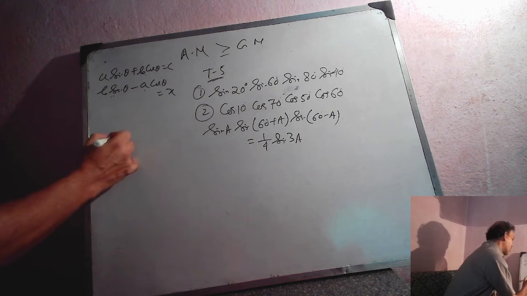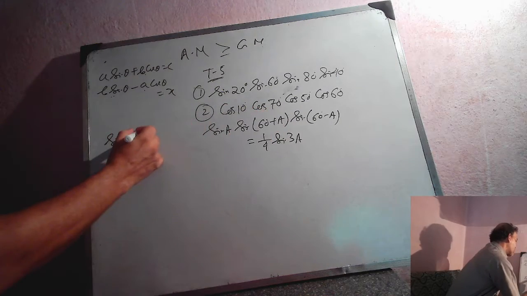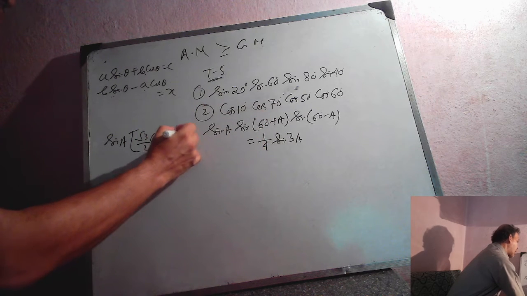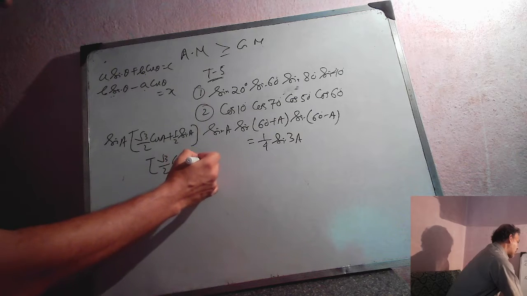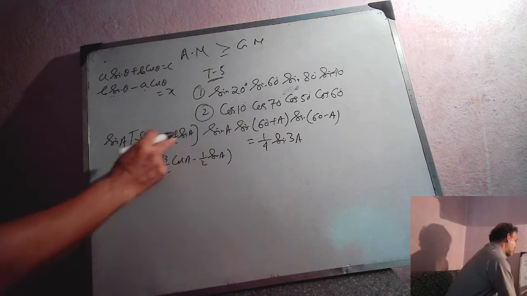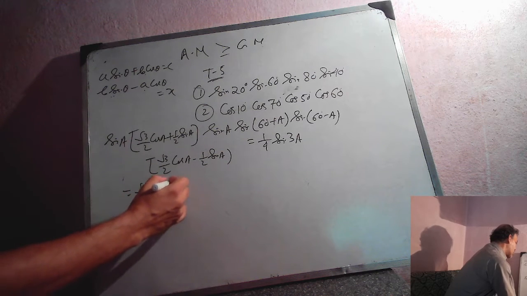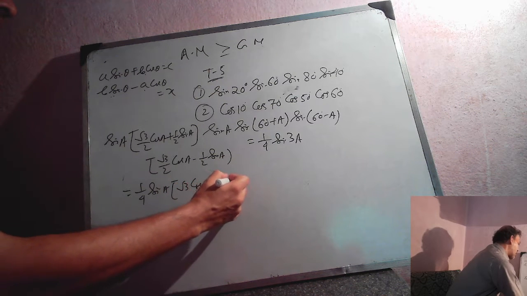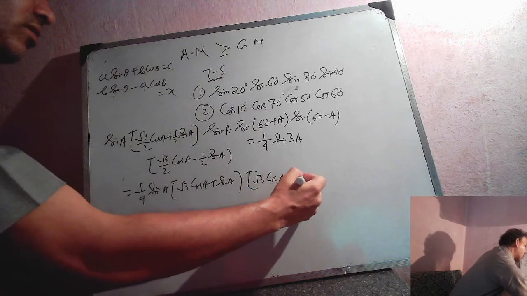Sin A into sin A plus B, sin A cos B, root 3 by 2 cos A plus cos A sin B half, sin A into sin A cos B, root 3 by 2 cos A minus half sin A. Take half common, half into half, 1 by 4 sin A. This will be root 3 cos A plus sin A into root 3 cos A minus sin A.